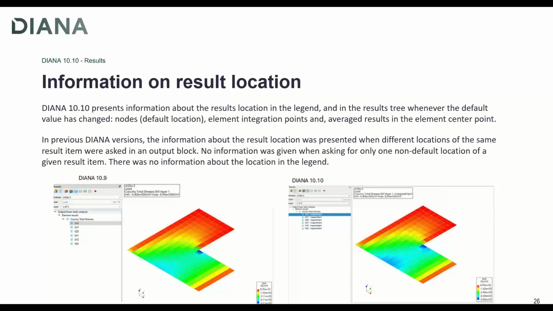So the new thing about Diana 10.10 is that whenever you change the default, which is node, whenever you change the default of the element result location, Diana will give the information about that location, both in the tree, and it will always give the location in the legend of the result display in the title.